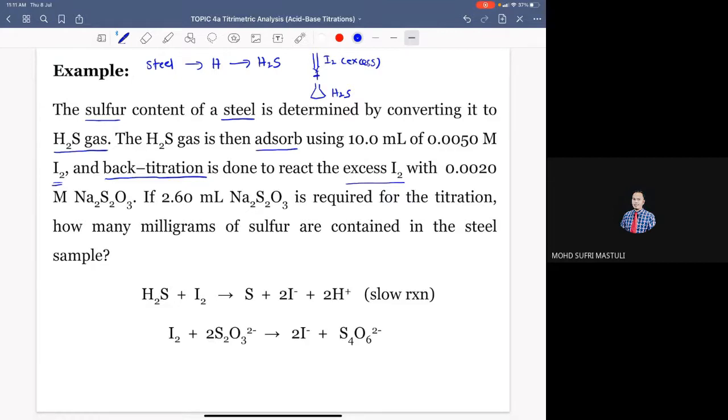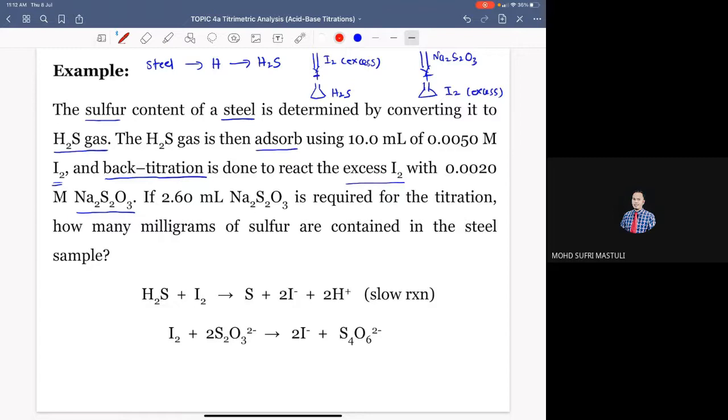And then we perform the back titration by reacting the excess of iodine with 0.002 molarity of sodium S2O3. So this is the second titration, sodium S2O3. So in the aluminium flask, I2 in excess amount.